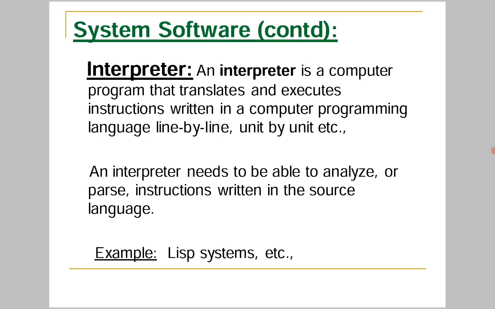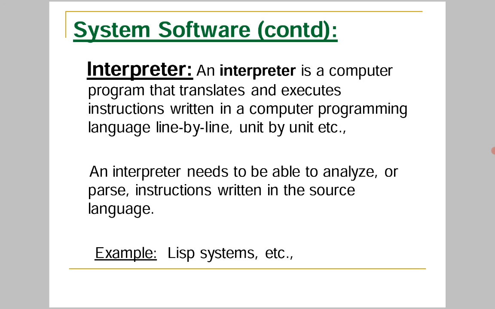An interpreter is also one of the application software or translators, which is generally used to translate the source program written in any high level language into object program line by line.